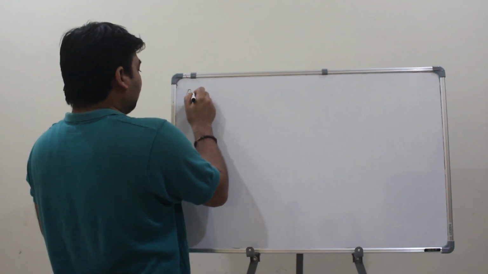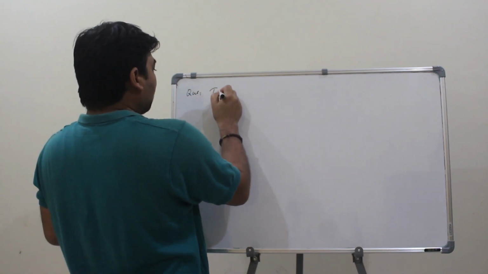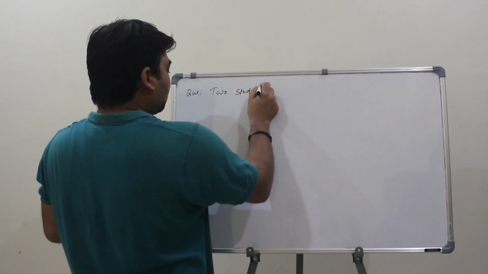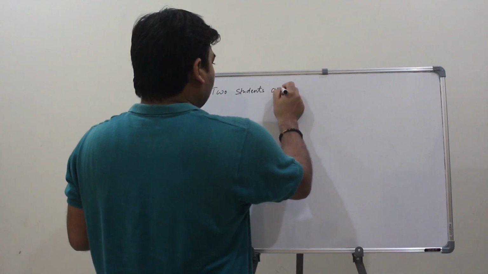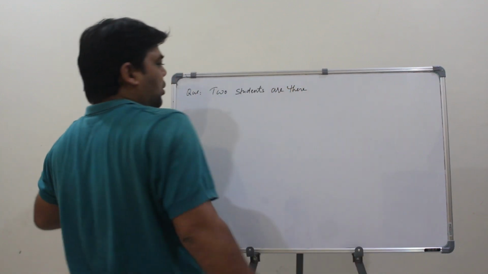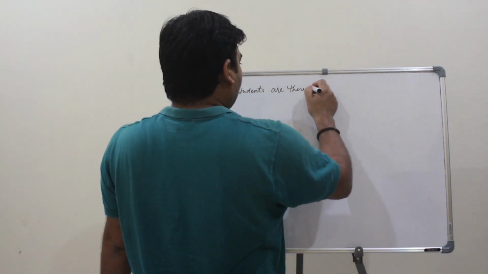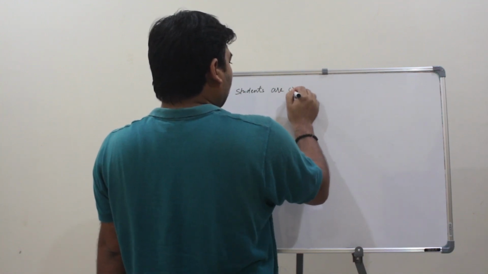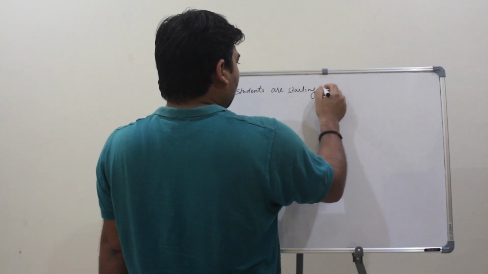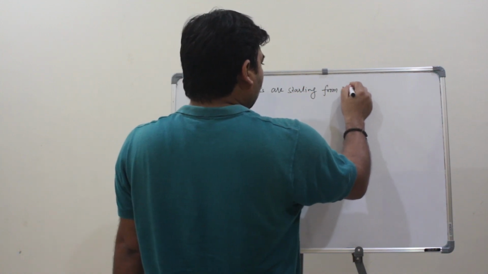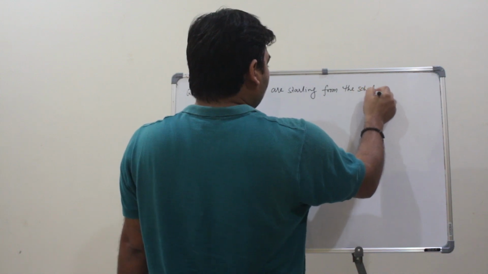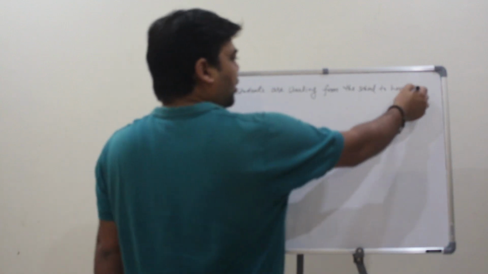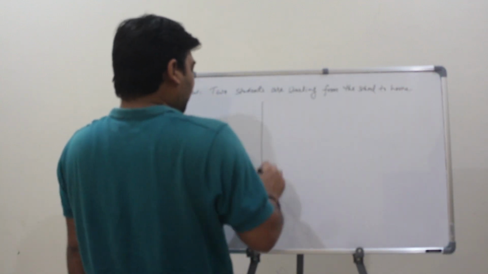So the question is: 2 students are starting from the school to home, right? Now the graph of their motion is given right here.